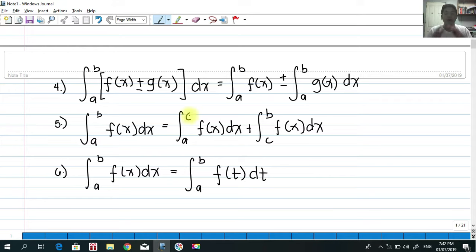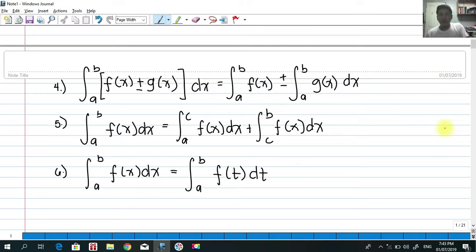There is a case where this c is not in between the numbers a and b. So for example, our value of A here is 0, and our value of B here is, let's say, 4. We can decompose the integral, let's say, from 0 to 2, and here from 2 to 4.